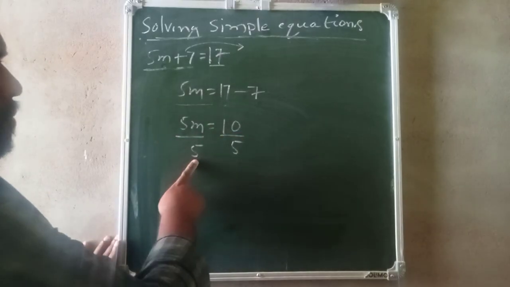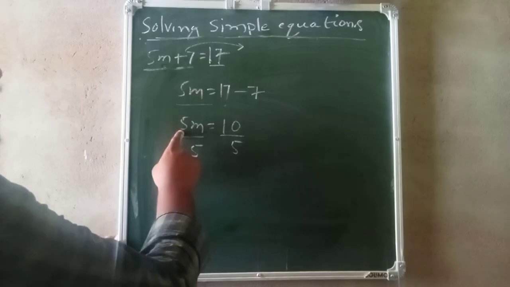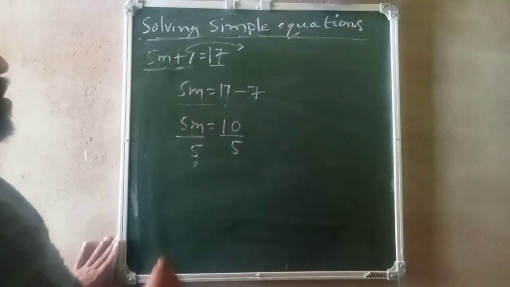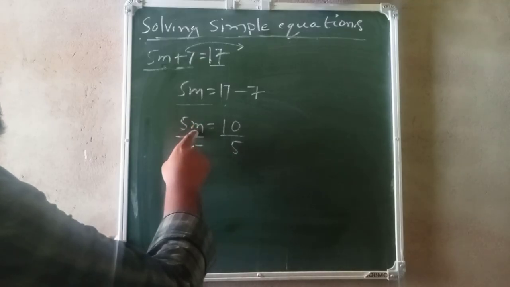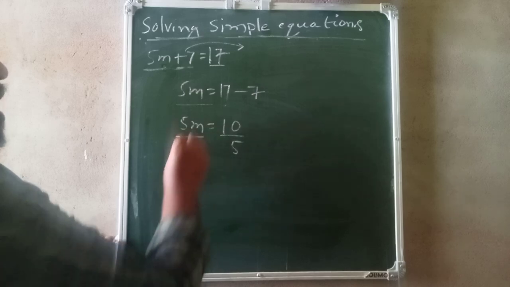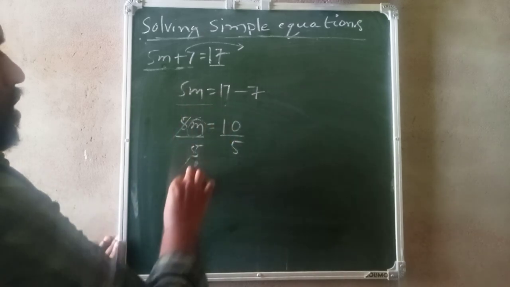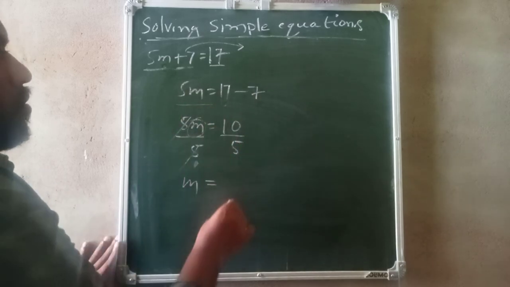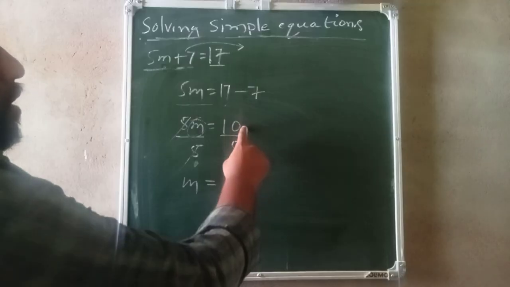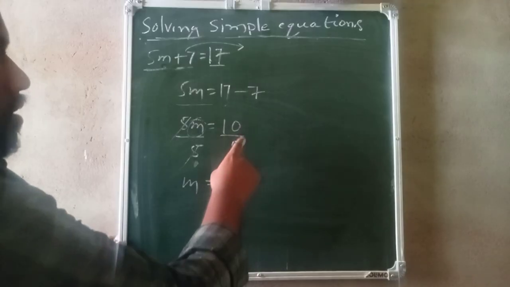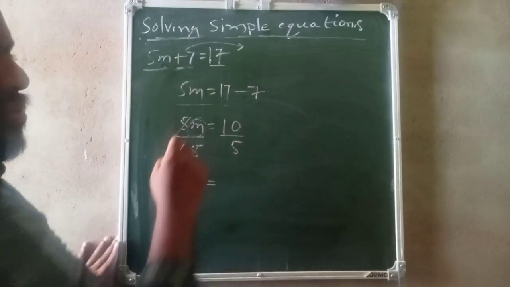Why did I take 5 only? Because I want to remove this. We don't want 5, we want m. Because this is 5 into m, here into is there, so you can cancel 5. So what is left? M is equal to 10 by 5. That means 10 divided by 5.